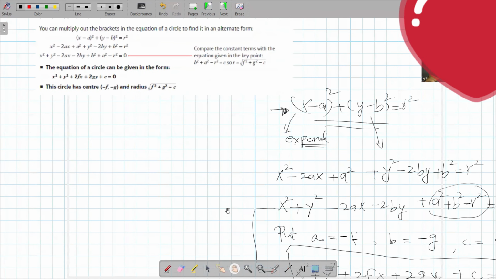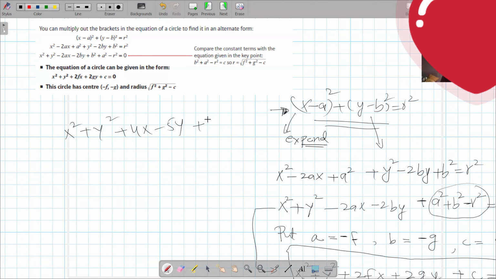Clear? Now, if you are given an equation like this: x squared plus y squared plus 4x minus 5y plus 10 equal to 0, you should be able to find the center and radius of this circle.